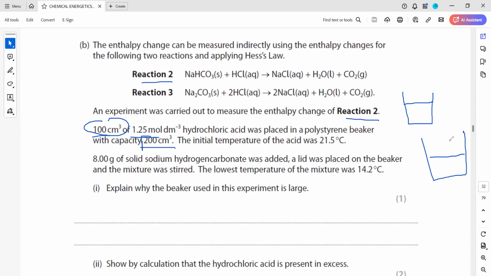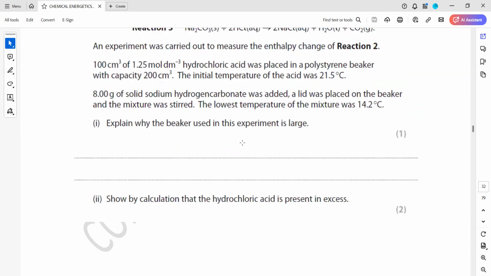So what is the reason for using this large beaker or container? What might happen is that the acid might spit out or splash out from the container when the reaction happens. So for safety purposes, we keep this large container, to minimize the risk.